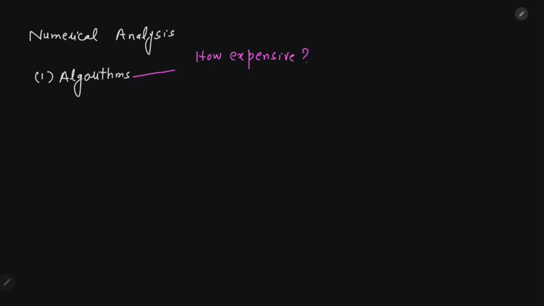And what does expensive mean? It means that you need to calculate, for example, flops. Flops mean floating point operations. How many flops are required for any algorithm? This is one of the criteria in numerical analysis.